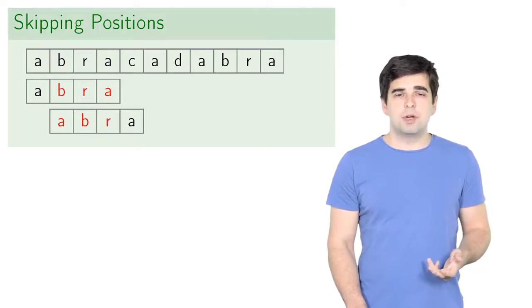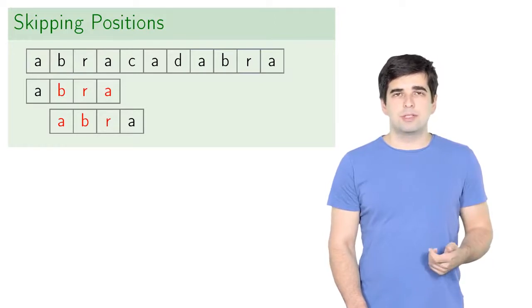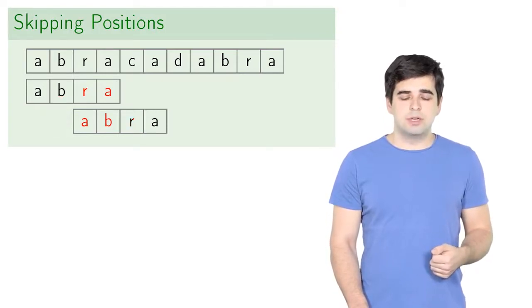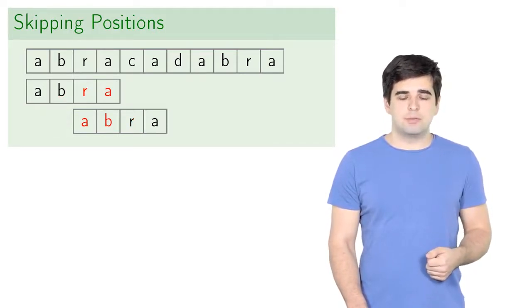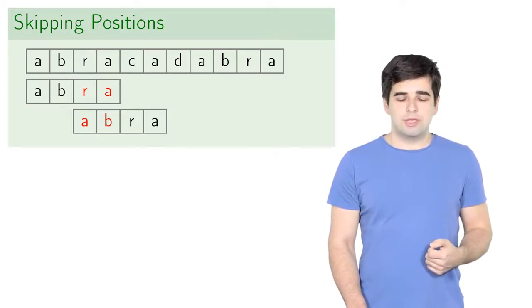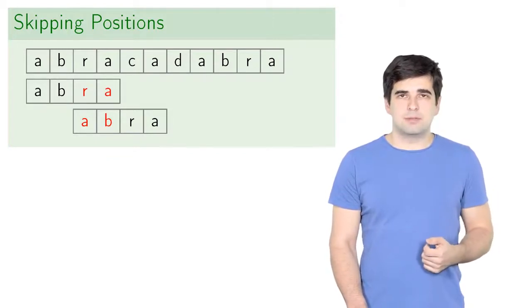But if we somehow preprocessed the pattern and knew that the prefix without the last character is not equal to the suffix without the first character, then we could just skip all this alignment with the first position in text at all. And the same is true about the next position of the pattern. If we knew that the prefix of the pattern of length 2 is not equal to the suffix of the pattern of length 2, then we could skip also positioning the pattern against the second position in the text.